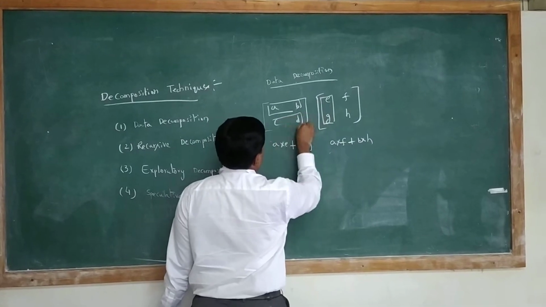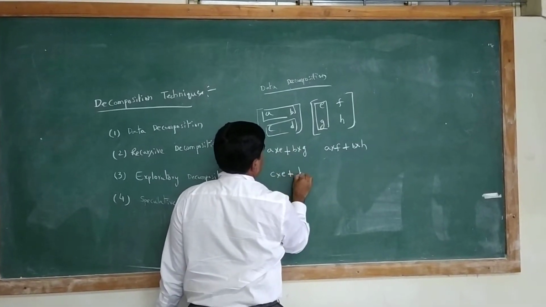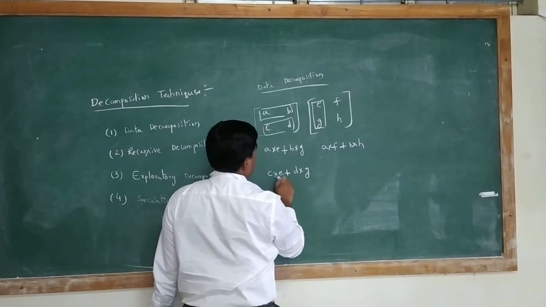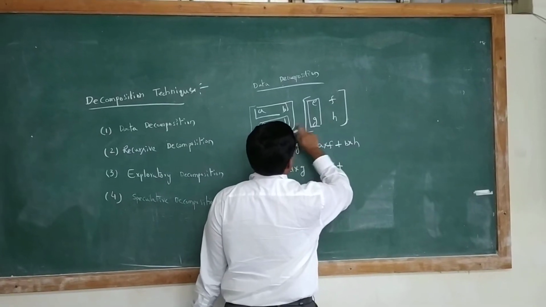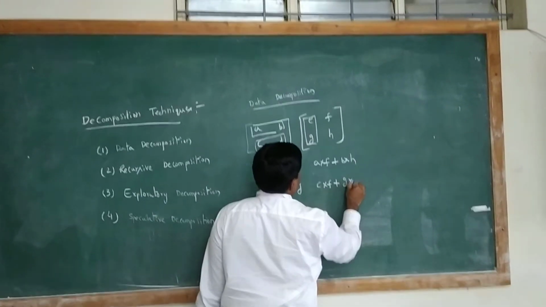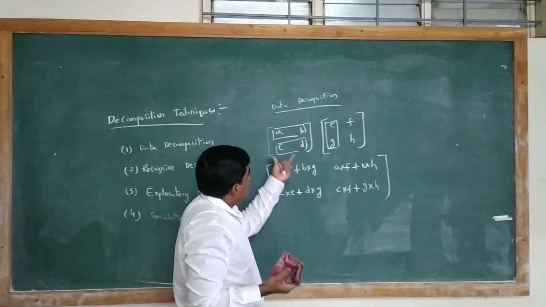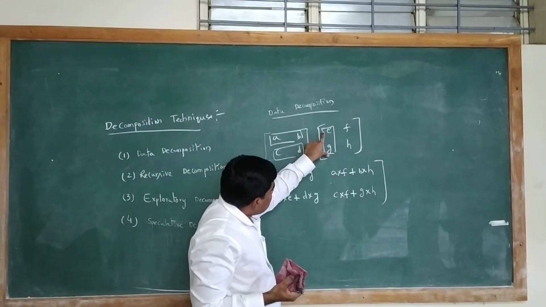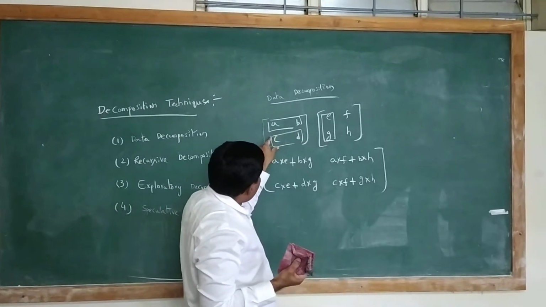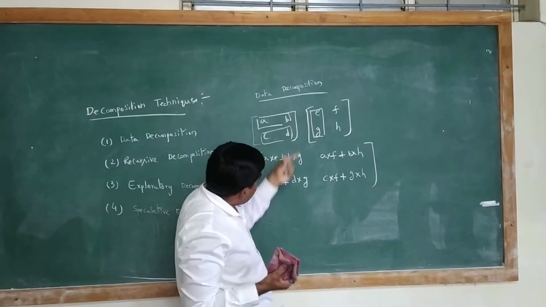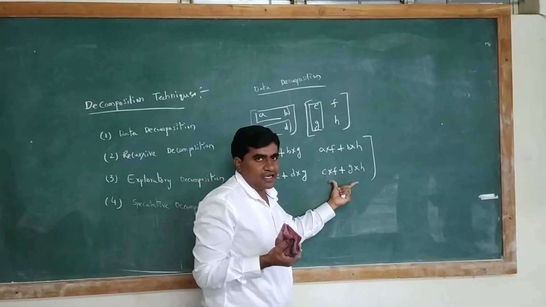Here second row and first column: C into E plus D into G, and second thing is C into F plus D into H. So here first row we are multiplying with first column, first row with the second column, second row with first column, and second row with the second column.